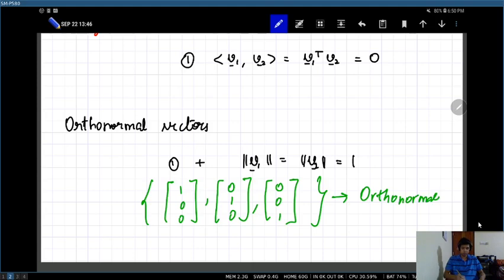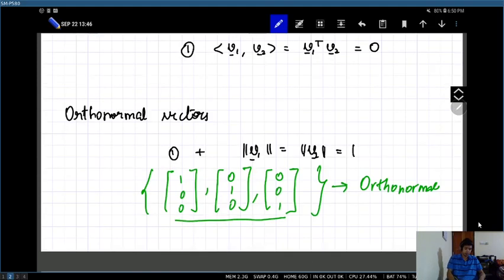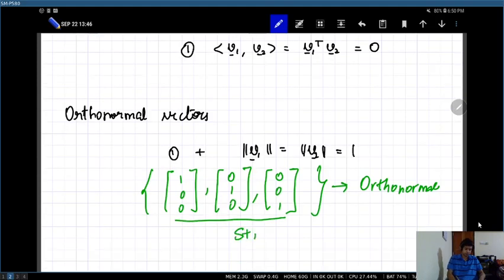And this particular basis, where one entry is 1 and all the other entries are 0, is called the standard basis. It's also called a standard ordered basis if you look at the basis vectors in this particular order.